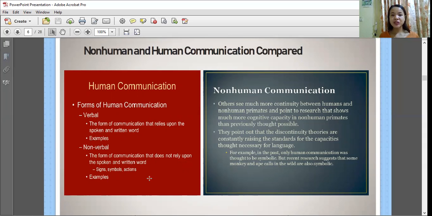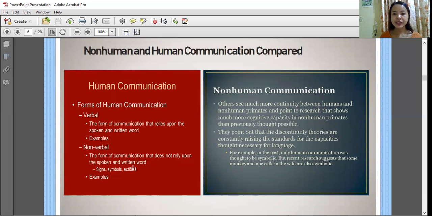And now let's go to non-human communication. Others see much more continuity between human and non-human primates, and point to research that shows much more cognitive capacity in non-human primates than previously thought possible.